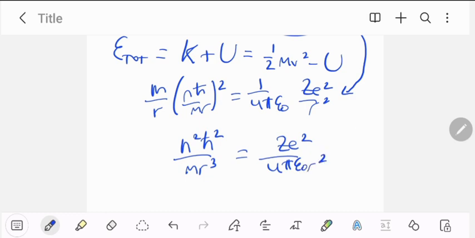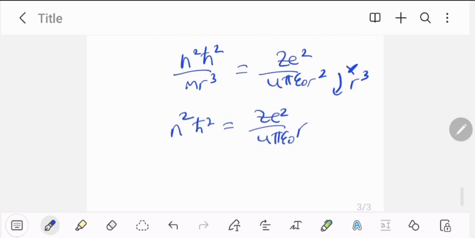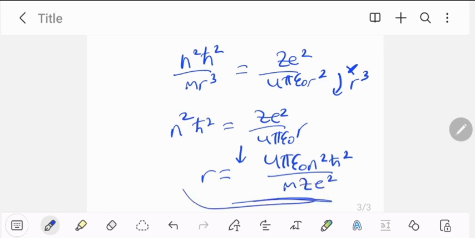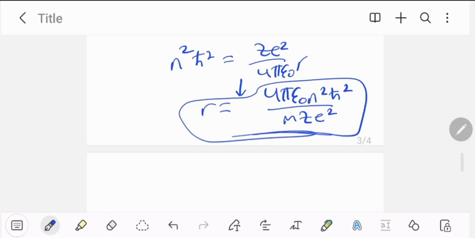If we multiply both sides by R cubed, we get n squared h bar squared equals ZE squared over 4 pi epsilon naught, times R. Solving for R, R is 4 pi epsilon naught n squared h bar squared over m Z E squared. So that's the radius of the circular motion for the electron around the proton.